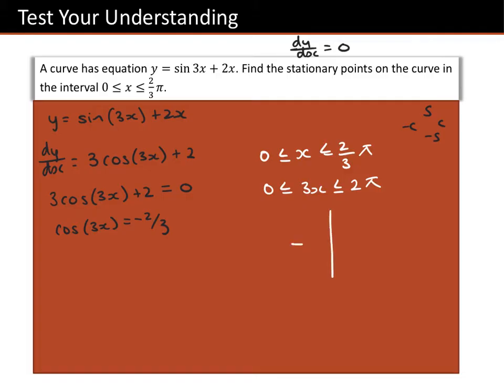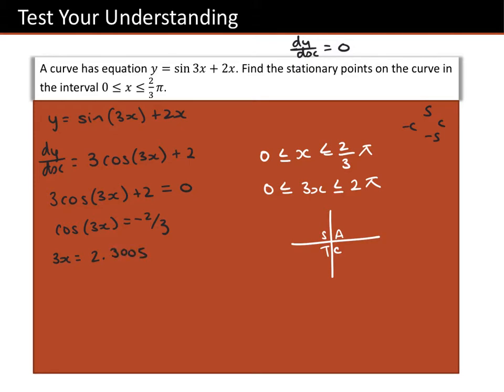So if I have a look at my CAS diagram, I'm going to put into my calculator, and we're in radians, shift cos of negative 2 over 3, and I'm going to get 2.3005. So I'm going to get 3x equals 2.3005.